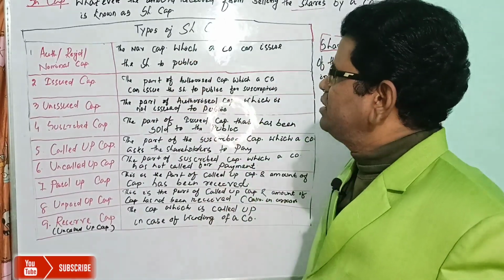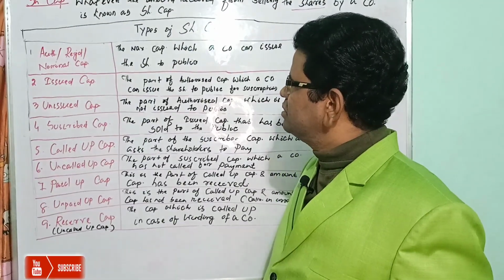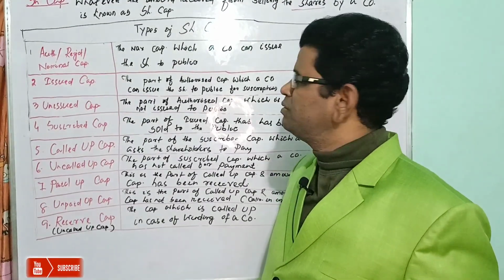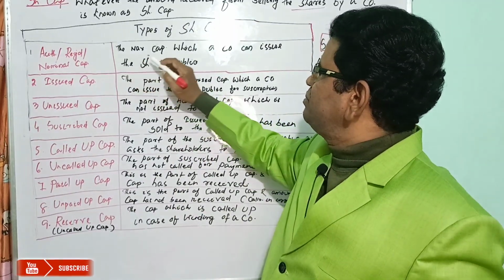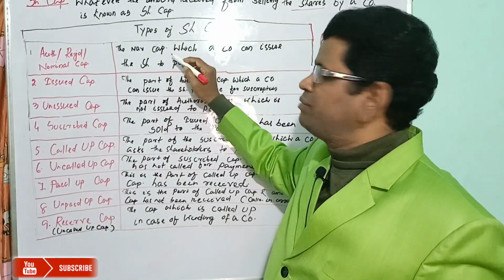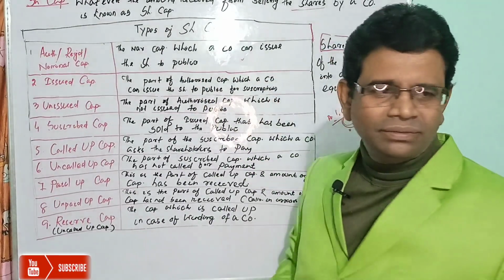So, what is this authorized capital? It is also known as the registered capital, or the nominal capital. Authorized capital is the maximum capital with which a company can issue shares to the public.